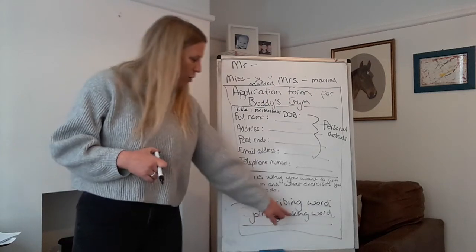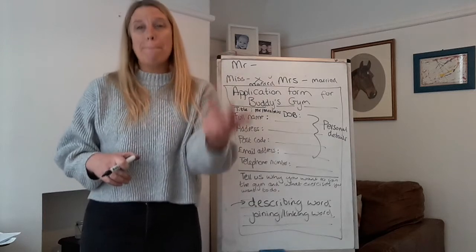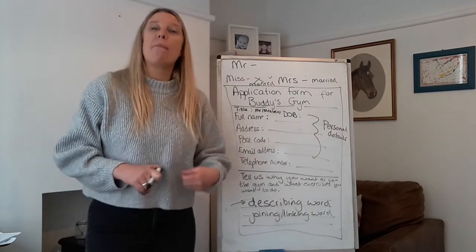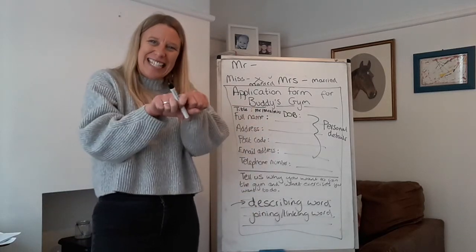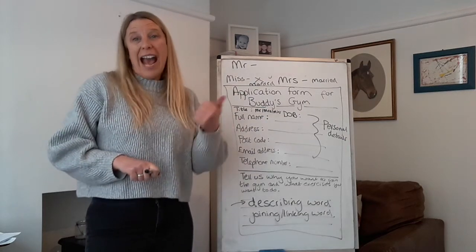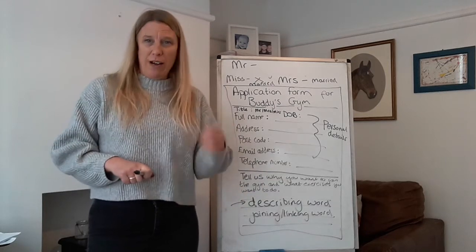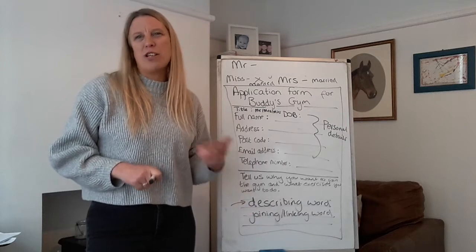And then a joining or a linking word are words like and, or, but, because. Okay, so I want to join the gym because. That's a joining word. It joins sentences together. Okay, so you will have to use and, or, but, because, and a describing word. So you have to use one joining word and one describing word in the exam when you write your sentences.